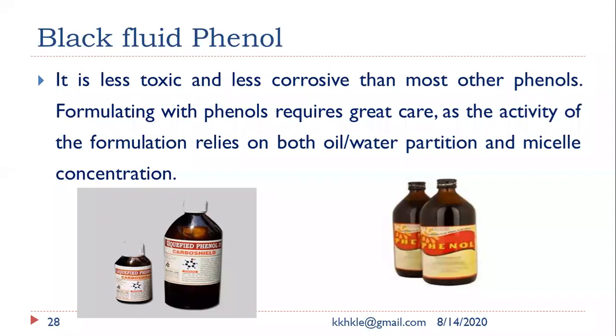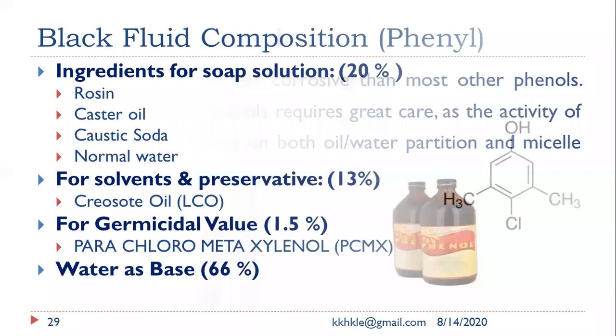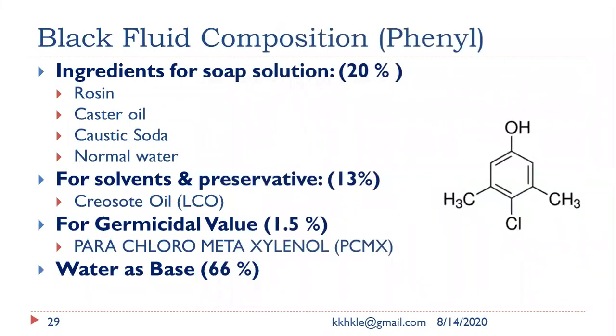Coming to the composition of black fluid phenol, it contains an ingredient for the soap solution, which will be 20% of the total formulation. It contains rosin, castor oil, caustic soda, and water for the preparation of this soap solution.